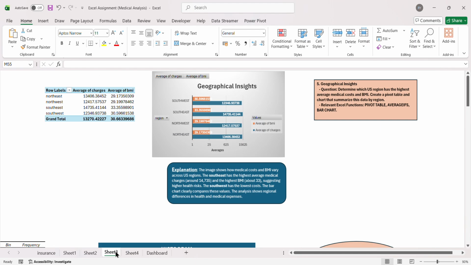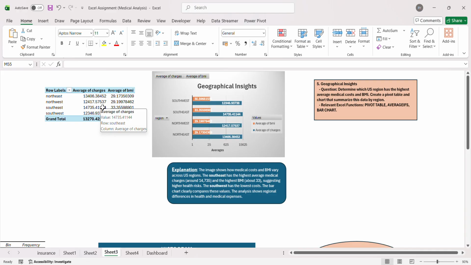Now, the next question is geographical insights. This image shows how medical cost and BMI vary across US regions. The Southeast has the highest average medical charges and the highest BMI, suggesting higher health risk, which means they need good medical care and medical insurance so that they can recover quickly and stay healthy.